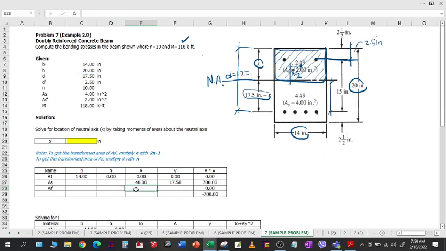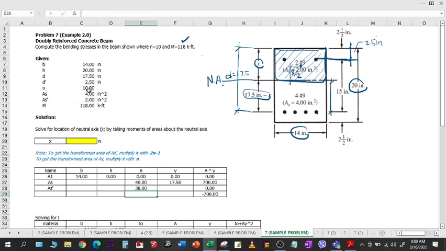Okay, and lastly, we have the compression steel designated as As prime. Now take note of this: to get the transformed area of As prime, multiply it with 2n minus 1. For tension steel, multiply it with n, but for compression steel, multiply it with 2n minus 1. So this one, the 2 square inches As prime, shall be multiplied by 2n, 2 times n, or this value, minus 1.